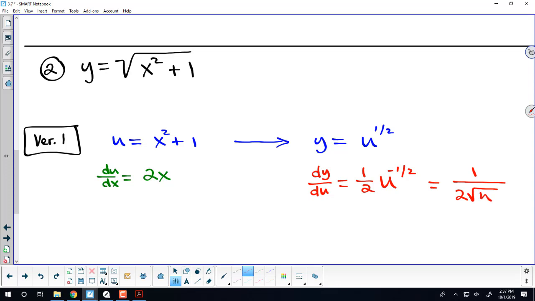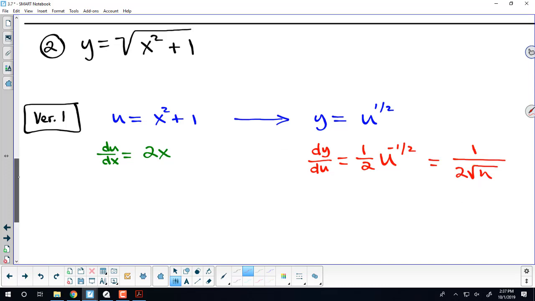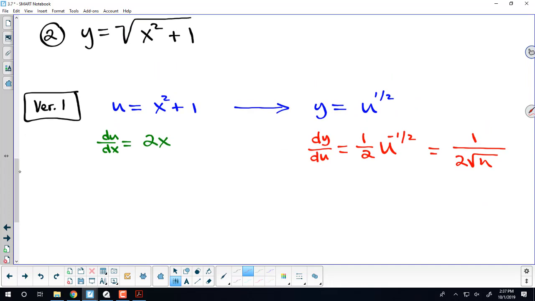All right, so with your substituted function, y in terms of u, you just want to remember to resubstitute, because we're after the derivative in terms of x, not the derivative in terms of x and u. So we resubstitute after we take the derivative.